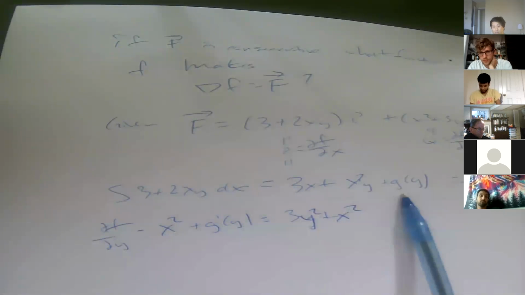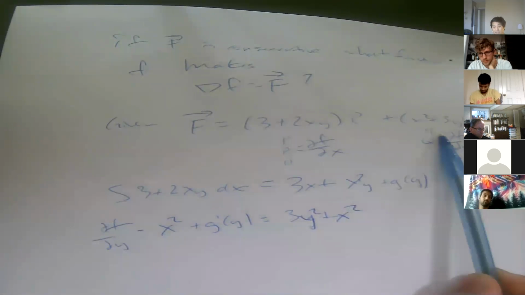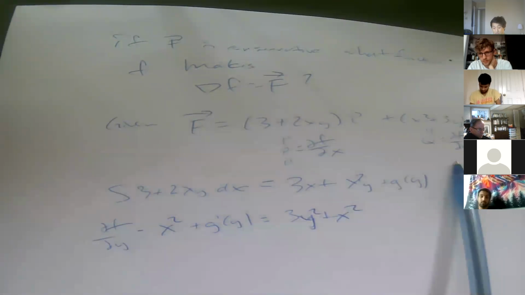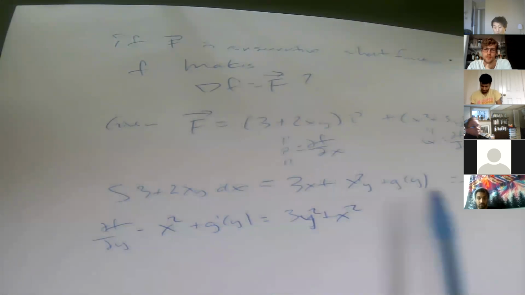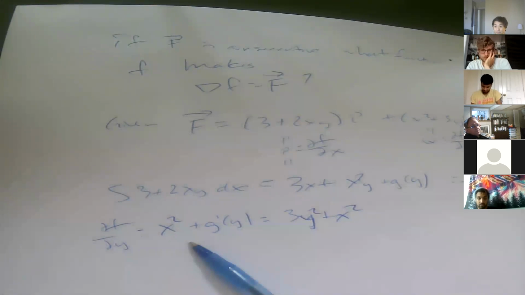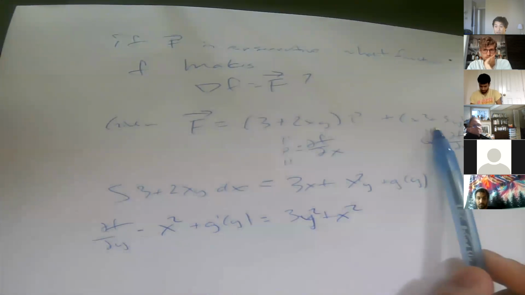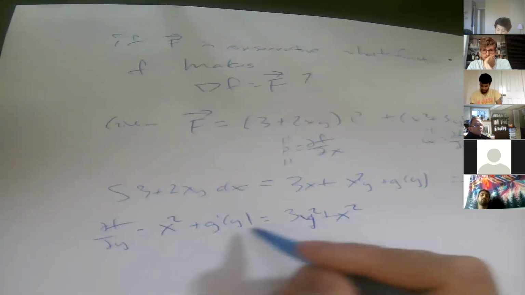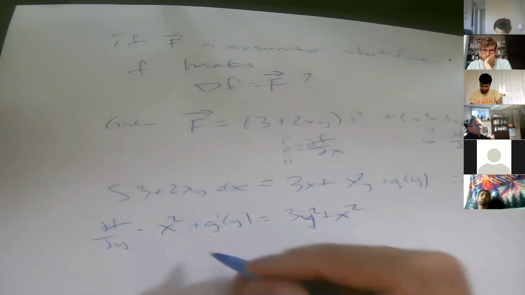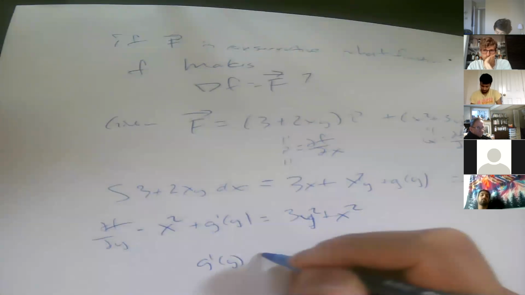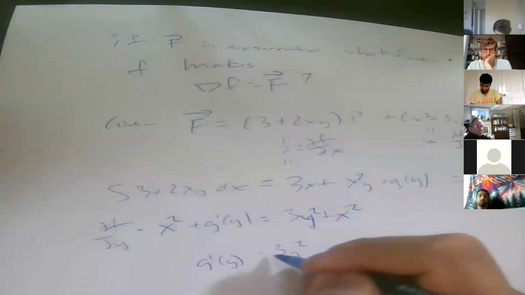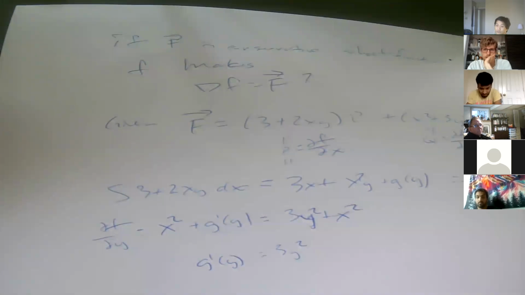And I know if I take the derivative with respect to y, I have to get Q. So I took the derivative of this whole thing with respect to y, and I got this. But I know this is equal to Q, as we just talked about. So these x's can cancel, and I get g prime of y equals 3y squared.